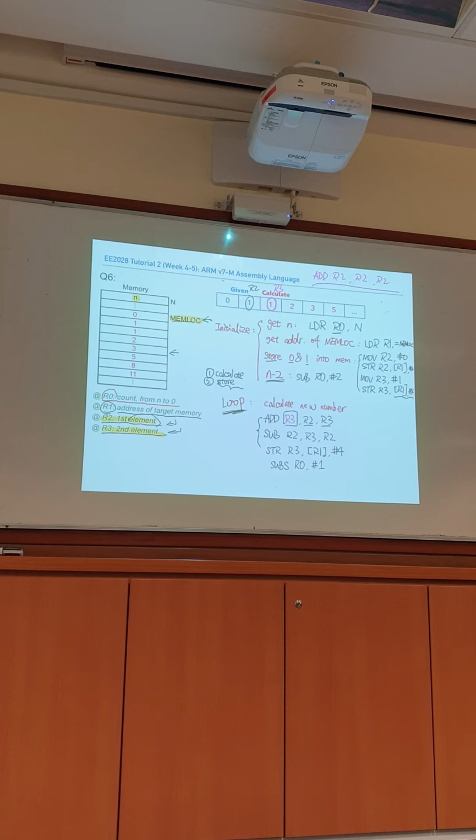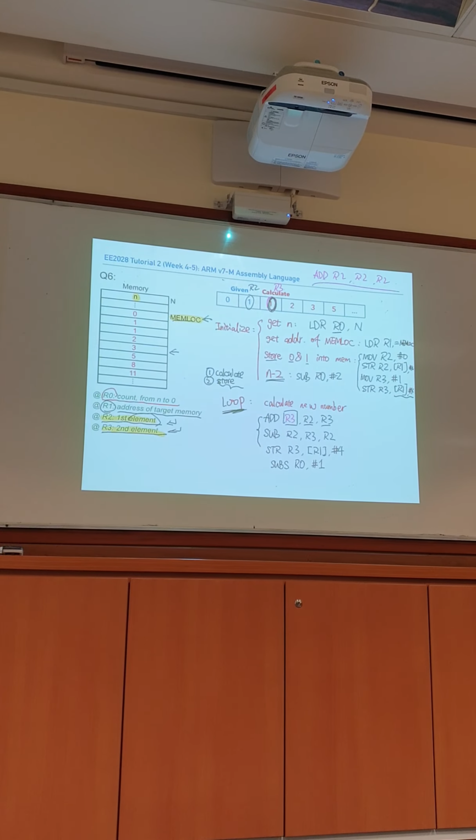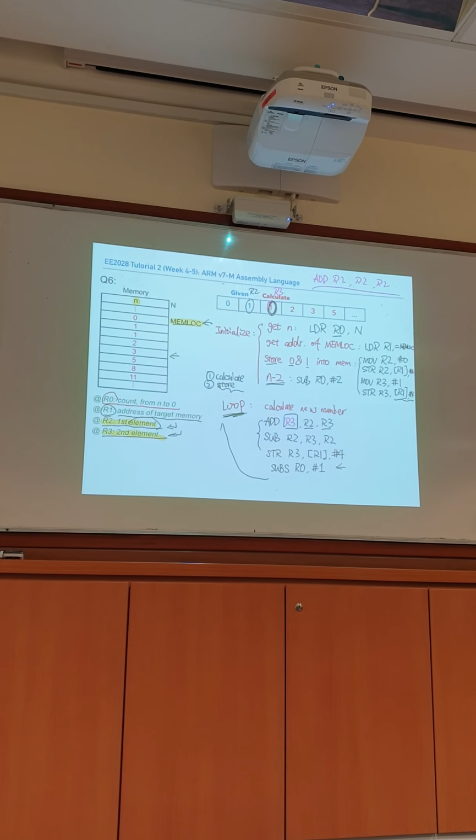Oh, 1, 2. You just generated this one and store it back. You finished the one data only. Okay? Then basically you are making a decision based on this. So you want to go back with certain conditions, so it's B something. You go back to loop. So B what?